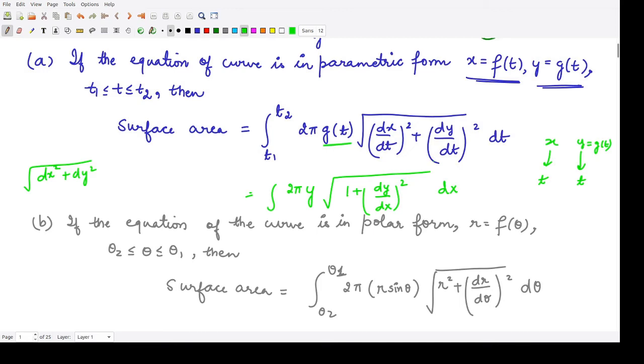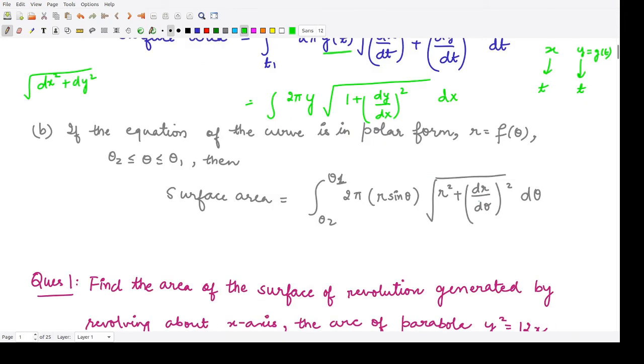In the case of polar curves, we have the equation of the curve as r is equal to f of theta, where theta lies between theta 1 and theta 2. In that case, our integration varies from theta 1 to theta 2, of 2 pi y. And what is y here? You know, in polar coordinates, x is equal to r cos theta and y is equal to r sin theta. So we just substituted the value of y to be r sin theta.